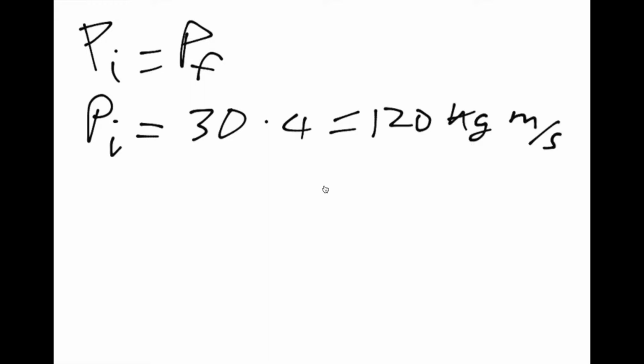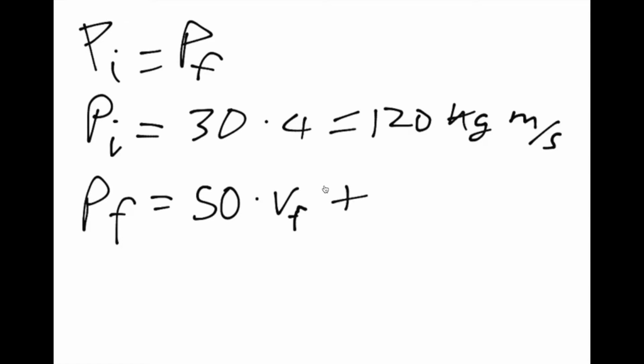kg meters per second, and we have to compute Pf, and Pf in this case is equivalent to the final momentum of the child and the sled, because now the child jumped off, so it's separate, but they're still part of the same system. So the mass of the sled individually is 50 times Vf, which is what we're solving for, plus the 30 kg from the child times 0, because the child jumped off, and we're assuming the child is stationary now, so it's 0 meters per second for the child.